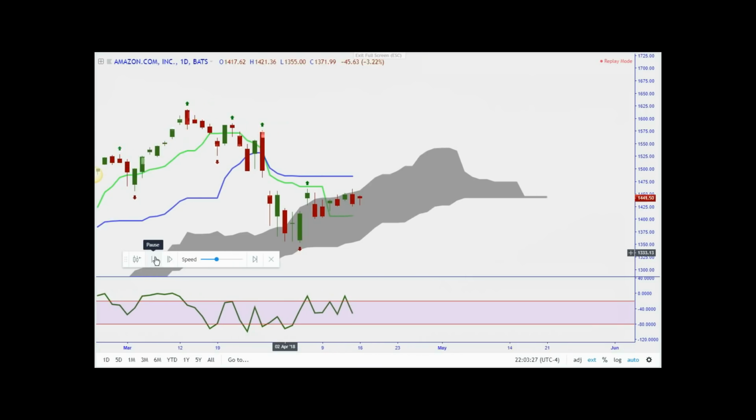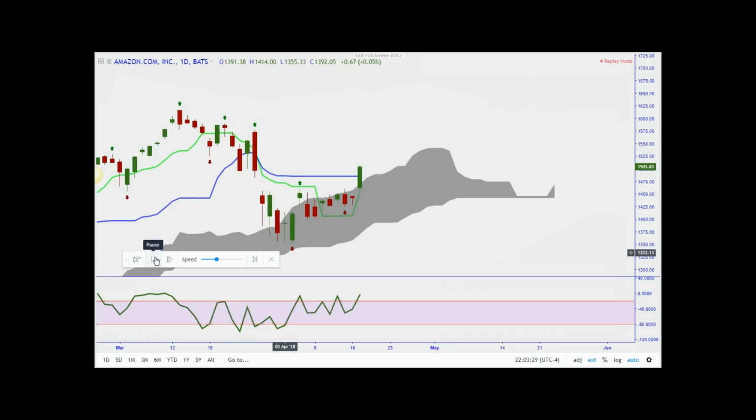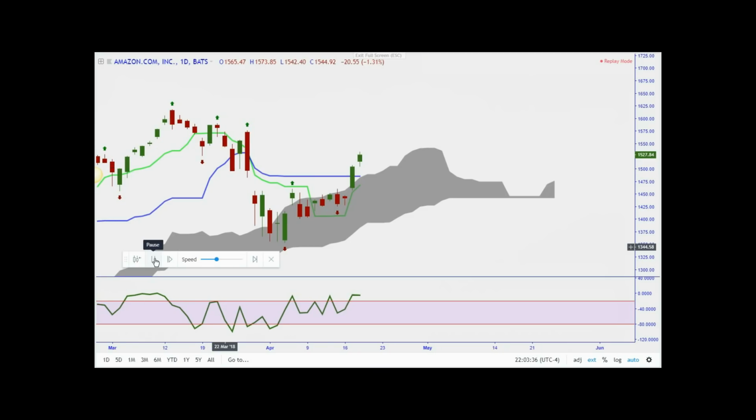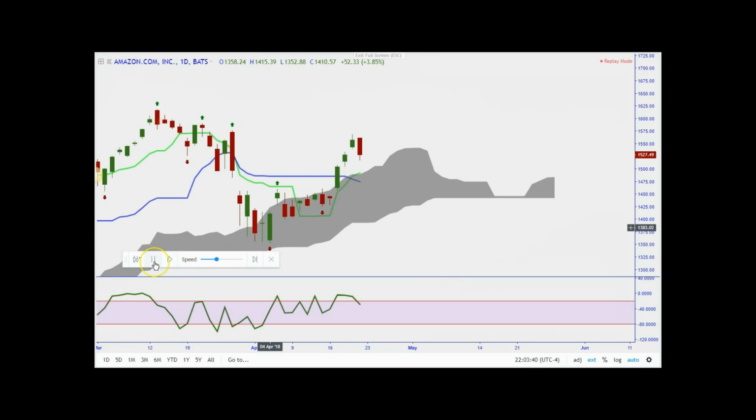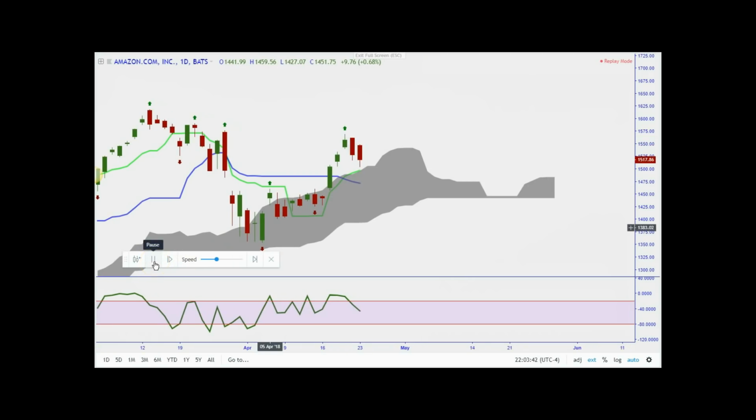And at this point, I'm barely making anything. Then I get stopped out. Not a good trade. And then the market crosses over, so we get our crossover. Going to be looking for long opportunities again.